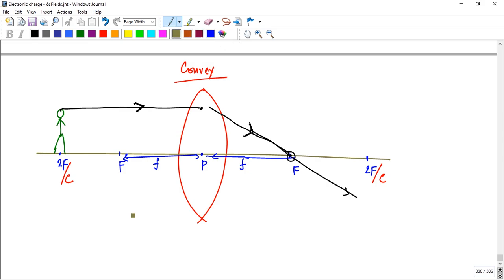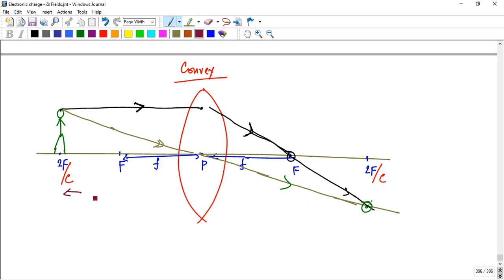We need another cutting point, so an incident ray that falls on the pole does not deviate. Here the two rays cut at a point, and that is enough.